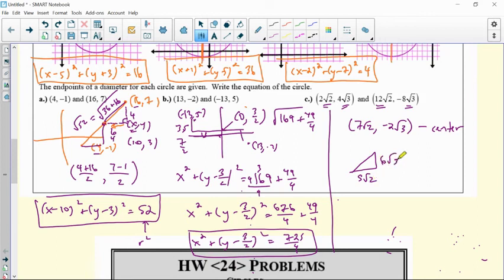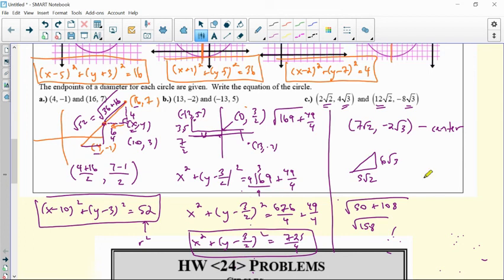So this squared plus this squared equals that squared. If you square 5 root 2, that's 50, because you're squaring each of the components. If you square 6 root 3, that's 36 times 3, which is 108. And so the sum is 158. But again, since it's representing radius squared, all I really care about is that 158.